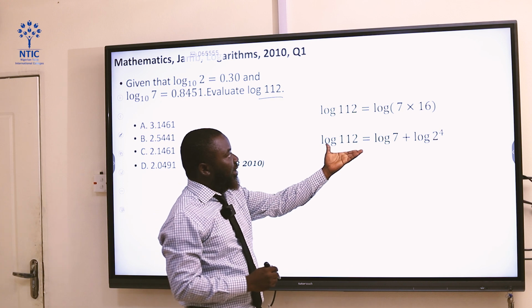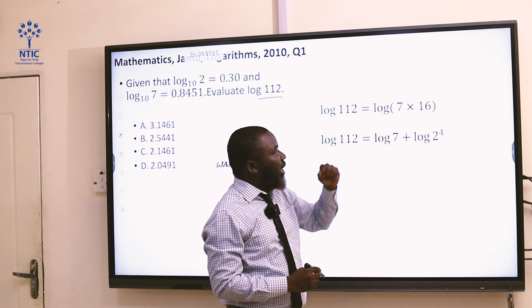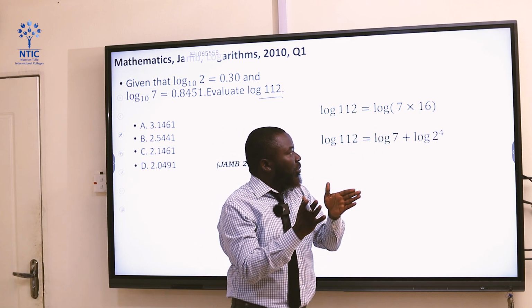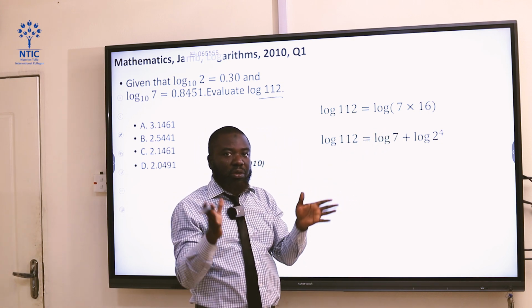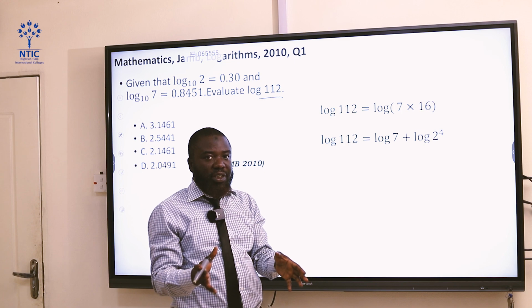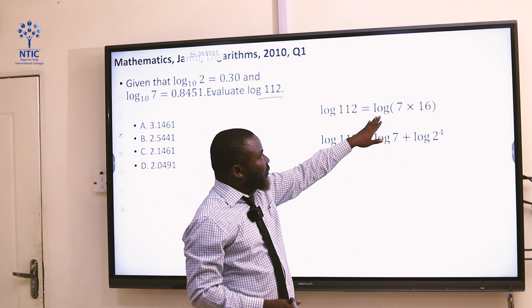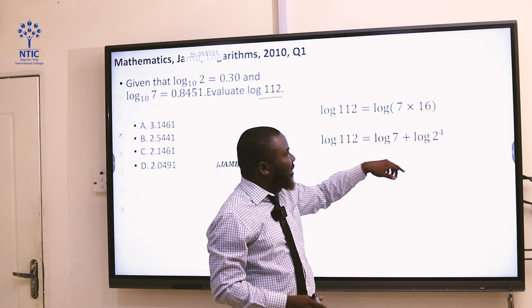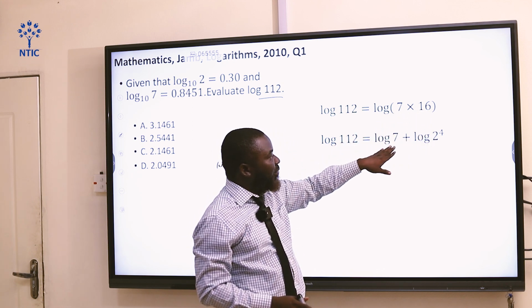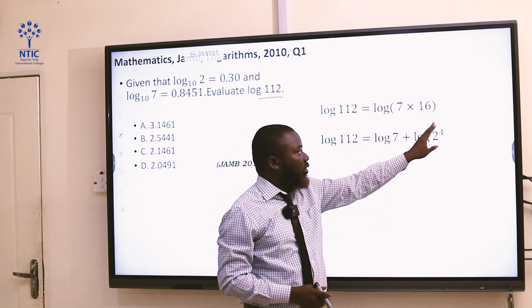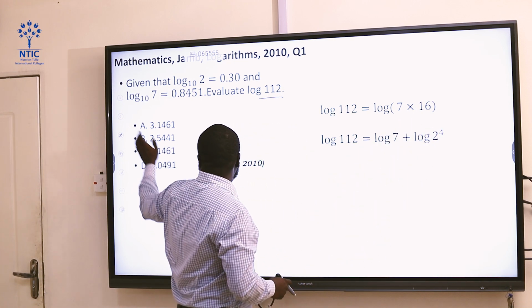So we can rewrite this now using the addition law of log, which says when you have 2 logs to be added together and you have the same base, then you can multiply them. So we are reversing that law. Now log 7 times 16 is the same thing as log 7 plus log 2 to the power of 4, since our 16 is 2 to the power of 4.